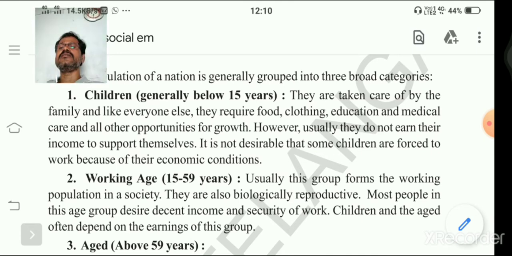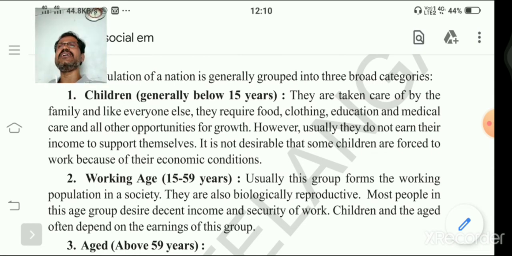And whatever they earn becomes the income of the nation. What is national income? Income of all the individuals in a nation. Then who are the people earning the income? Working age. Understand?